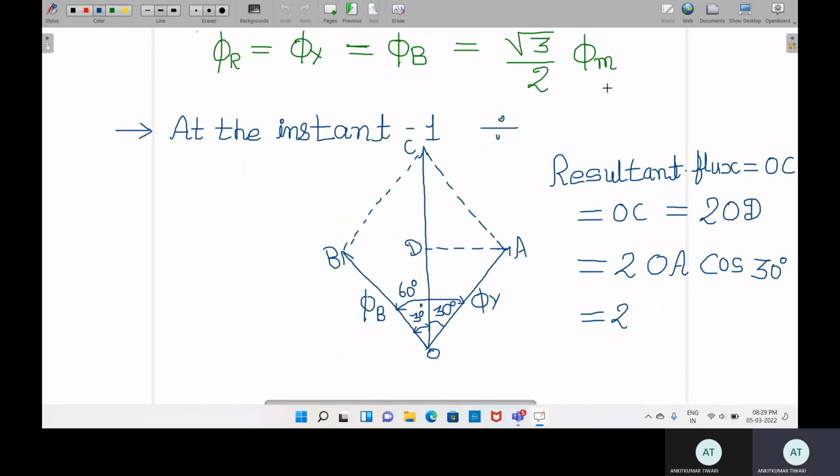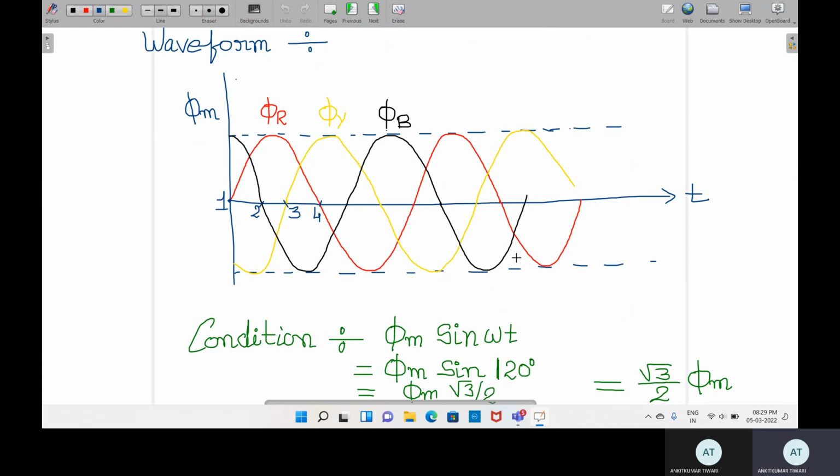Any of the fluxes will be assumed as root 3 by 2 into phi m. So this is considered as OA because OA is our vector, and vector represents flux. So OA here means phi y.